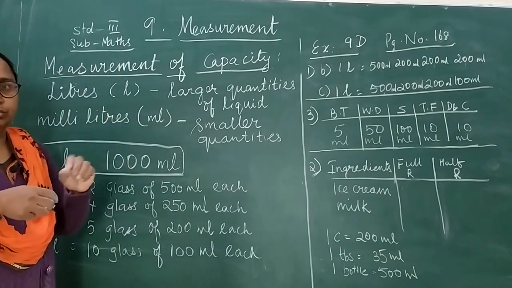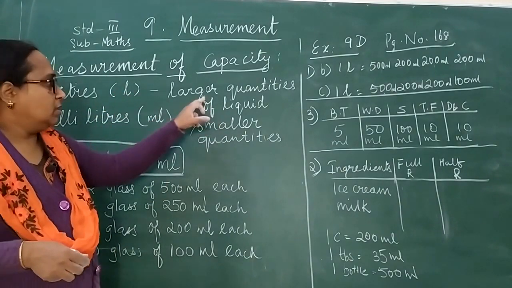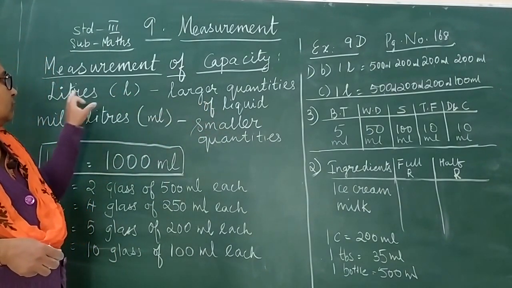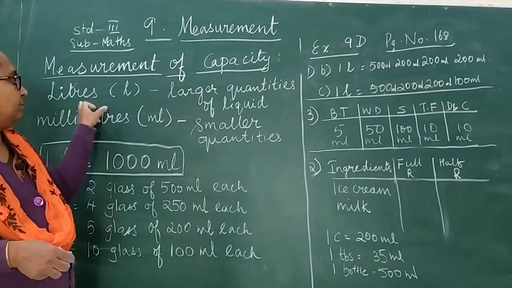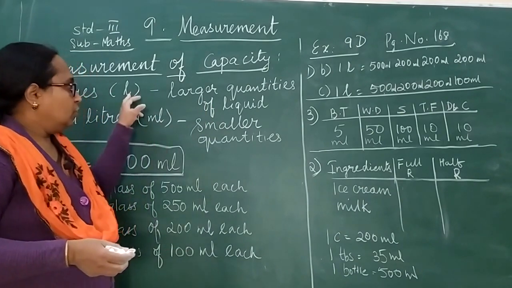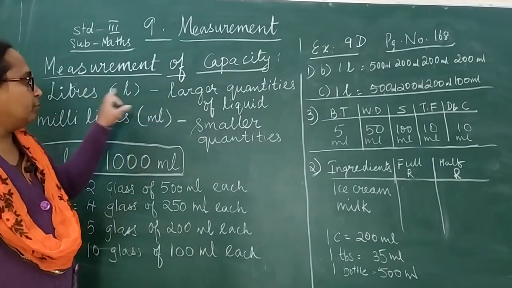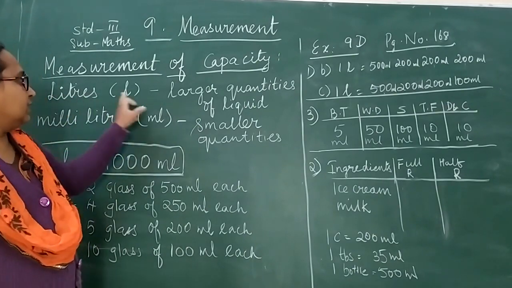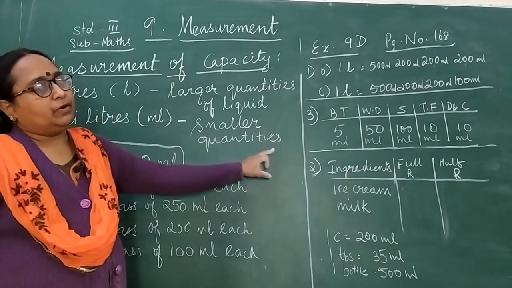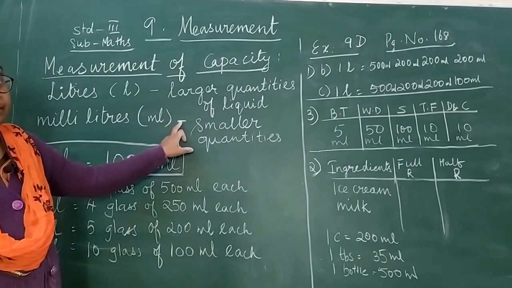You can't put 1 liter in a spoon, you will take a bigger vessel. When you get 1 liter of milk, you will get a bigger vessel and then fill it up. So for larger quantities of liquid, you use liters, and for smaller quantities, milliliters, that is ml.